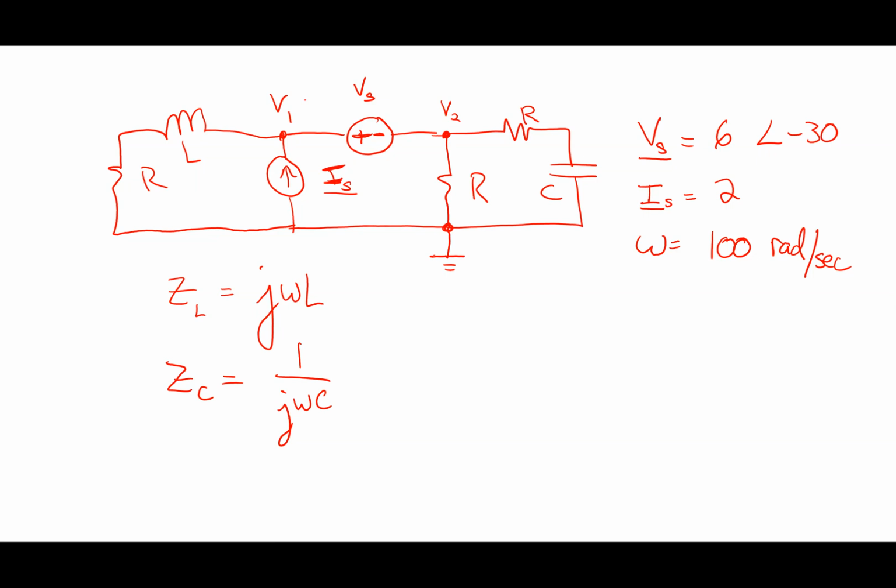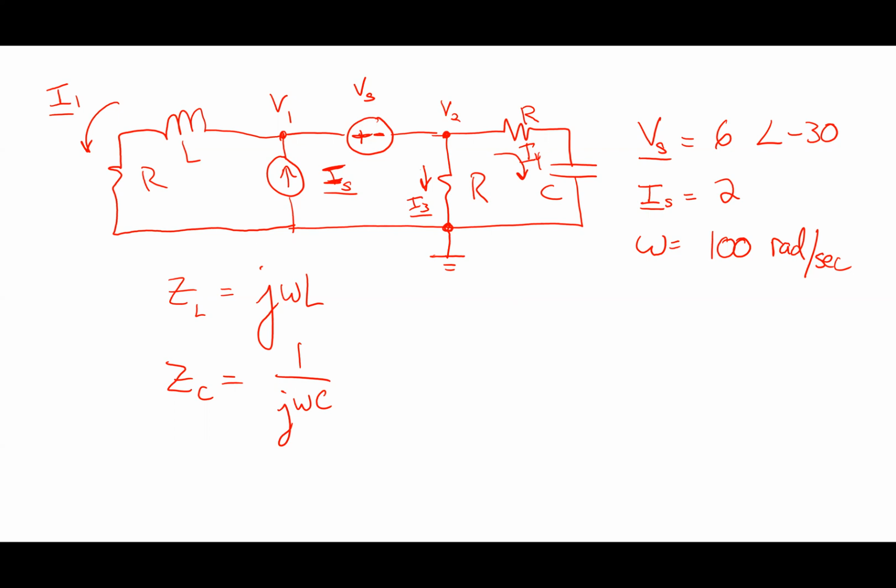Now, to do this problem, how am I going to approach this? I'm going to call this current I1, this current I3, and this current I4.